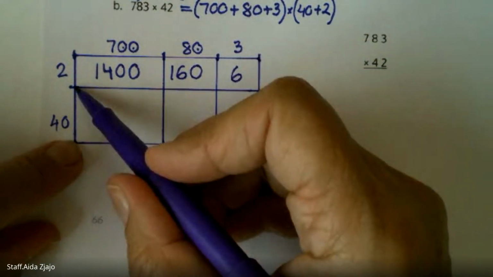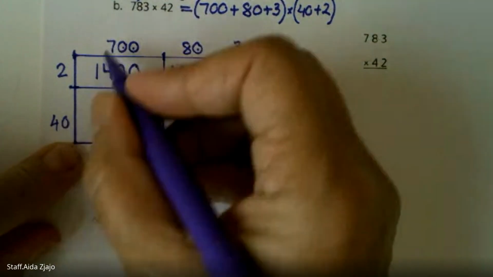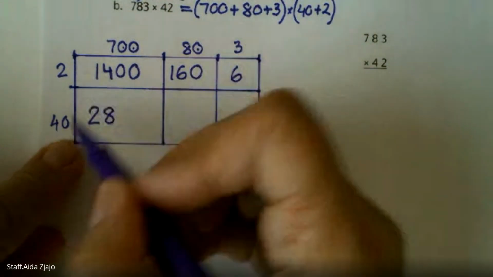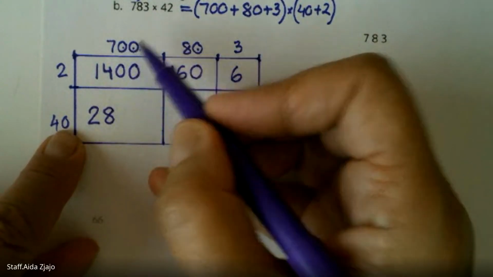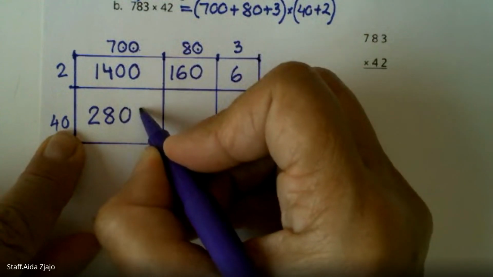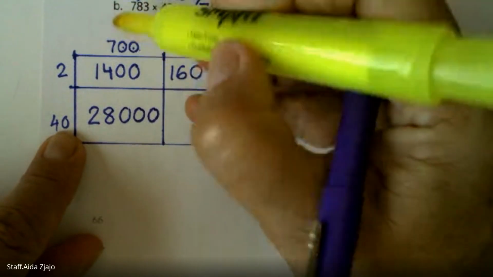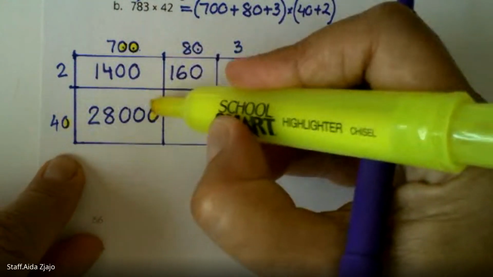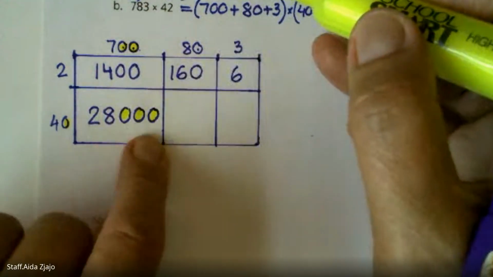Next, 40 by 700. 4 times 7 is 28. And then you have 1 zero here and 2 here, so it's going to be 3 zeros. Then I need to add to my product. This is 100 times 10 is 1,000. 4 times 7 is 28,000.